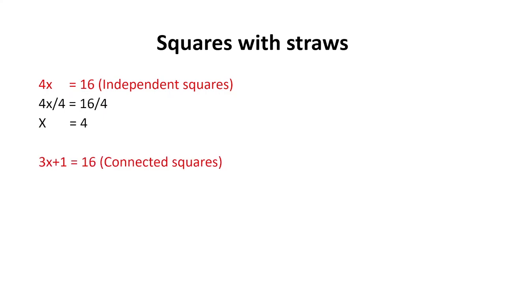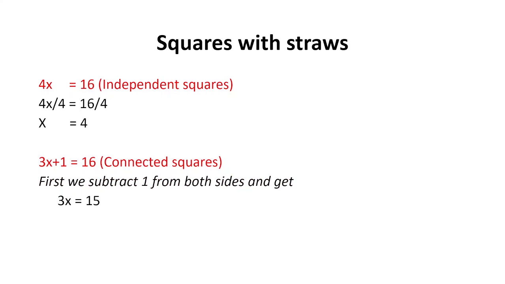Similarly, when looking at connected squares, I have both multiplication and addition in the same expression. So I first subtract 1 from both sides and get 3x equal to 15, and then I divide both sides by 3, and I get x is 5.